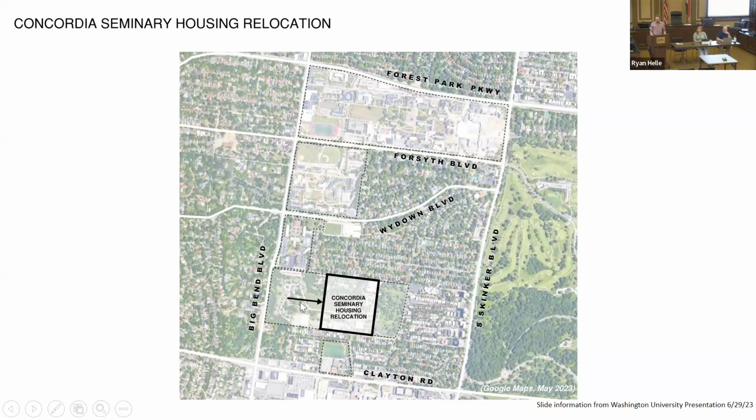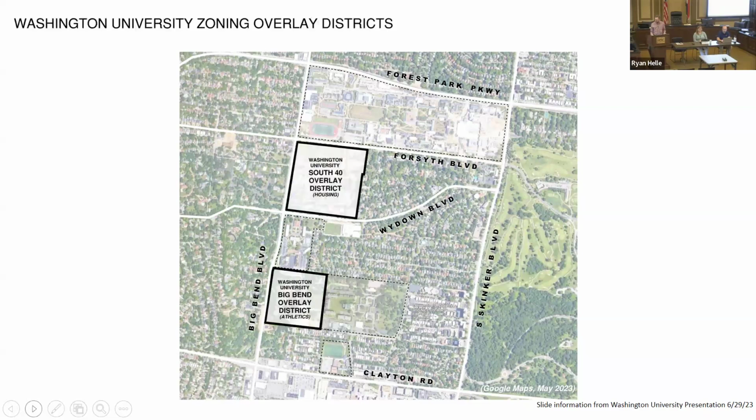And so the first step would be, because those buildings need to be replaced in the near future, to move all of those facilities to the center part of the Concordia Seminary site, closer to their primary structures. And so once those buildings shift to the central part of the Concordia site, it then opens up that western side of the campus for other uses.